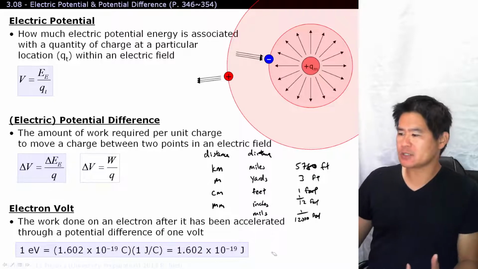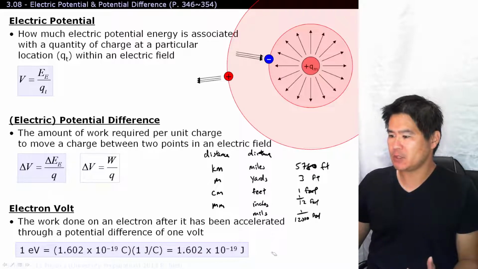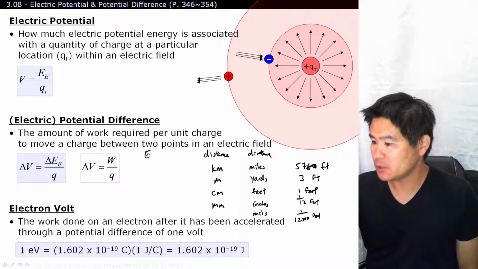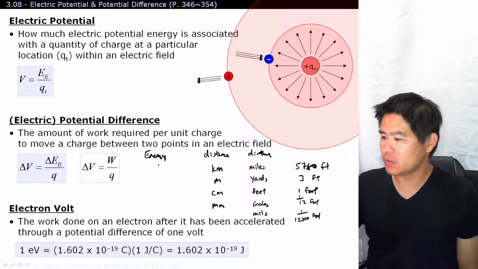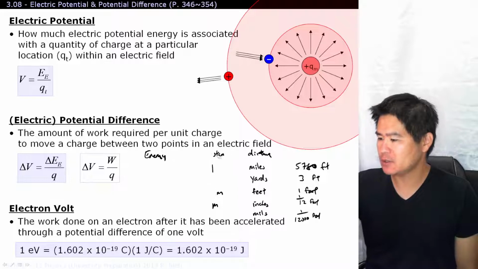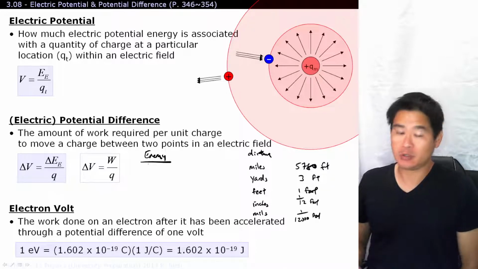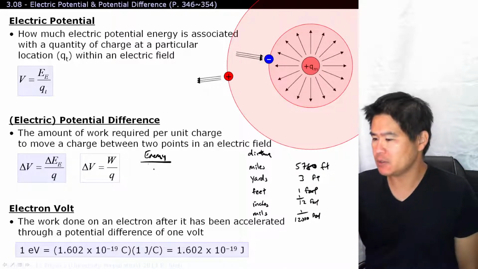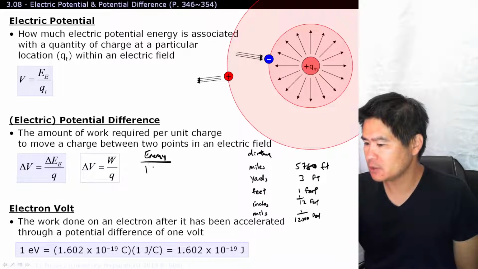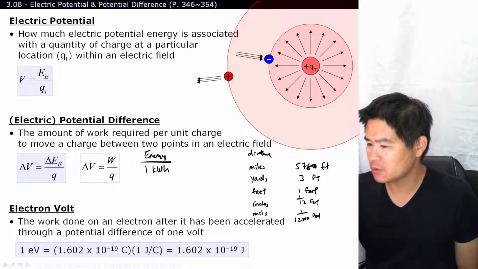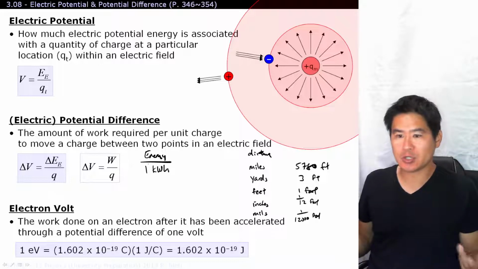The reason I'm giving you this crazy thing is because when you're measuring the world of energy, we wish it was as clean as the metric system, but it's not. In the world of energy, if we need to measure very big quantities, you can measure in megajoules, but instead they measure in kilowatt hours.